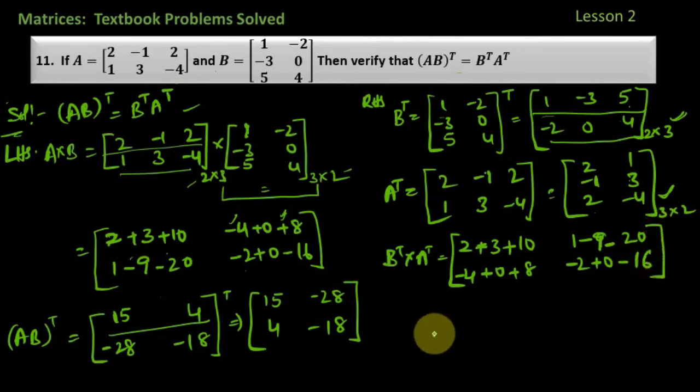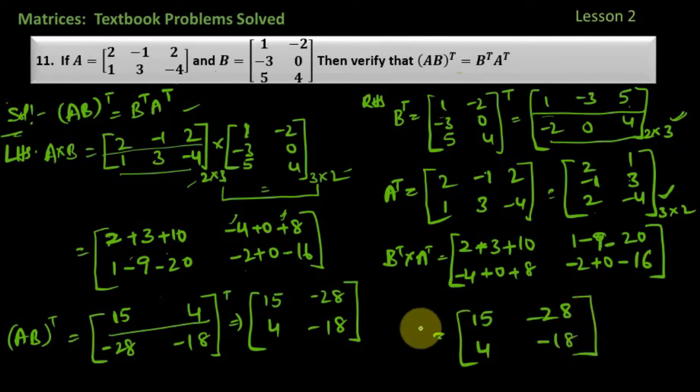Chalo, now we'll add this. What I'll get here, first one is 15. Here 29 minus 1 is 28, minus 28, bigger sign. Minus 4 plus 8 is again plus 4. Here minus 18. Right, if you observe, both values are the same.